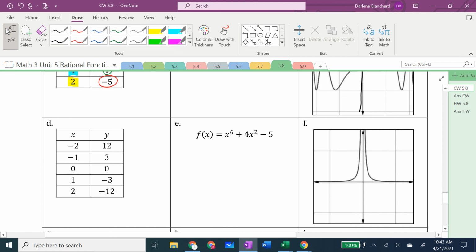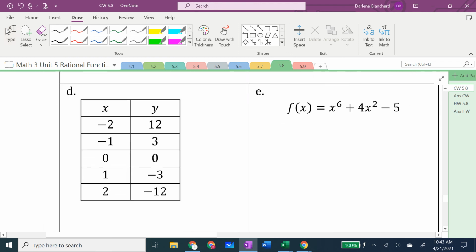All right, let's do another batch. Look at this table, and I want you to decide, is that even, odd, or neither? So what I'm going to do is look at opposite signed x's.